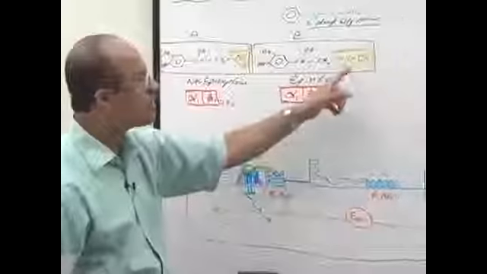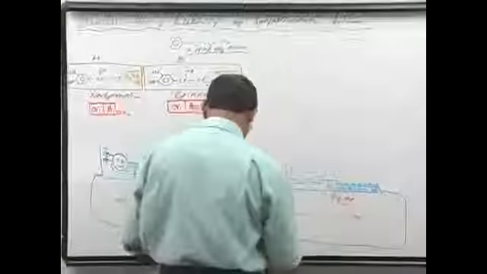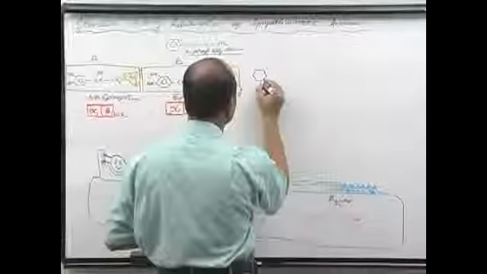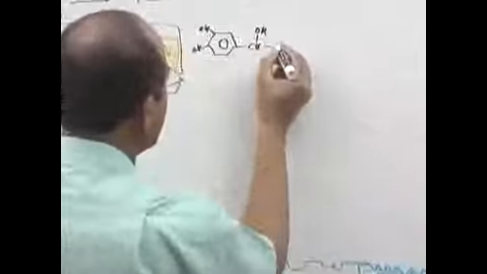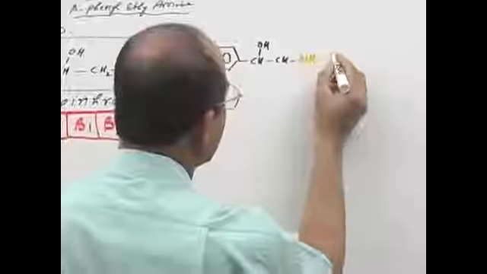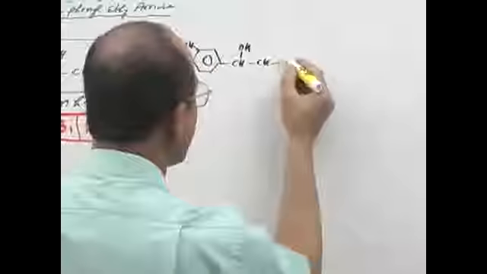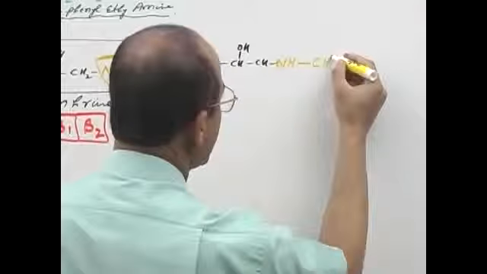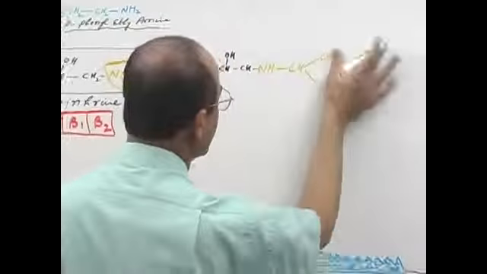Now let's produce another compound in which we make the amino end heavier. Right? Hydroxyl, and CHOH, CH2, and here I put now NH, CH, CH3 and CH3.